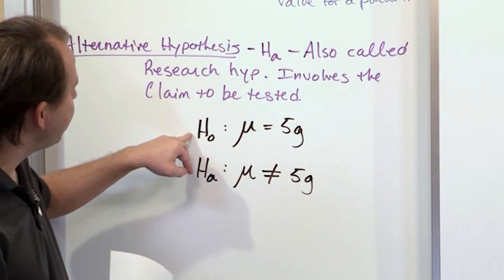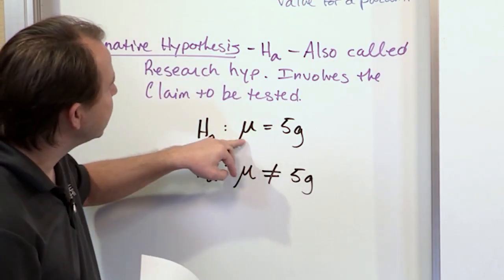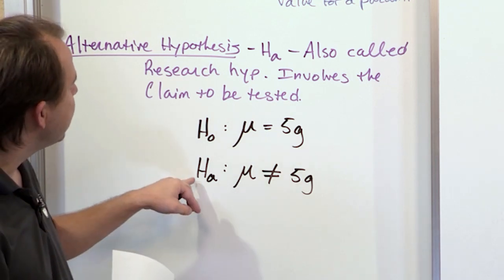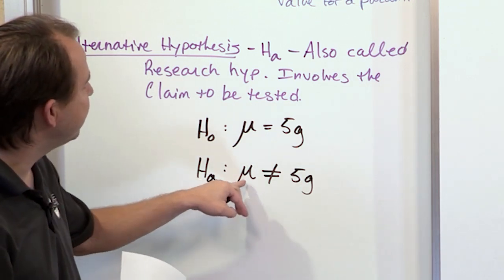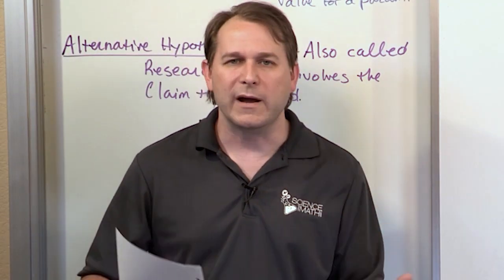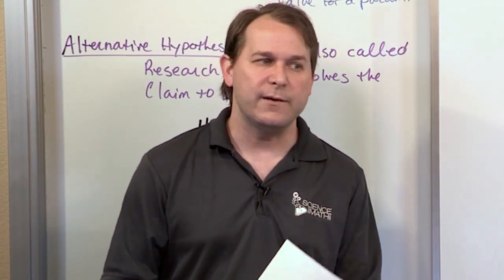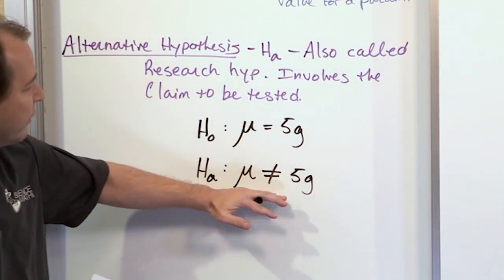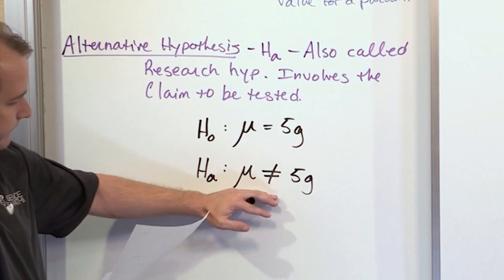So the null hypothesis is when people are believing that the machines make chocolate bars with an average value of 5 grams in mass. The alternative that I'm trying to investigate is that this machine no longer does this. I don't know if it's 4.9 grams or what, but statistically speaking, I don't think this machine is making bars an average of 5 grams anymore. This is my research or my alternative hypothesis.